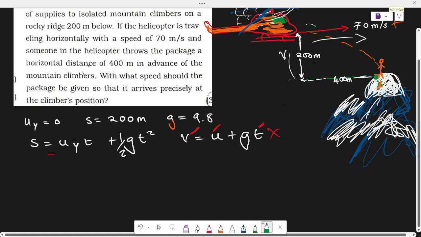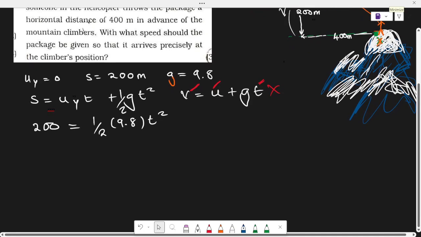But if you look at this one, it just has one unknown, which is the time. So replacing the things that we already know into the first equation, we know that s is equal to 200, and uy is equal to 0, so I'm not going to write it. We're just going to have 1 over 2, our g is 9.8, and our t is what we're trying to find.